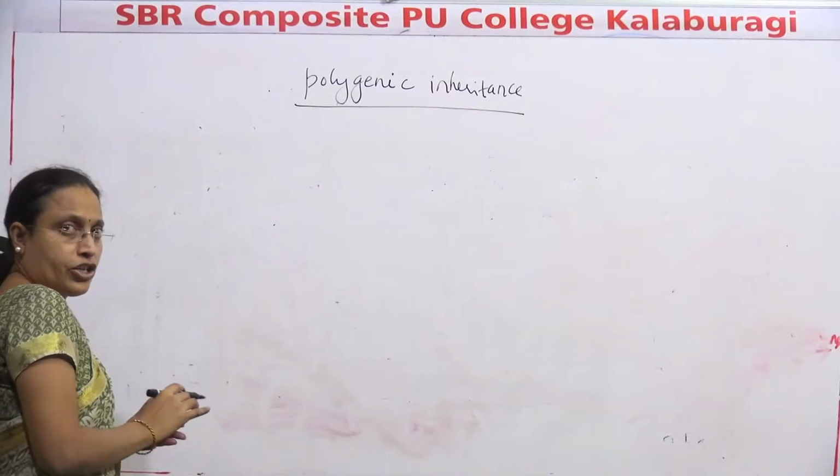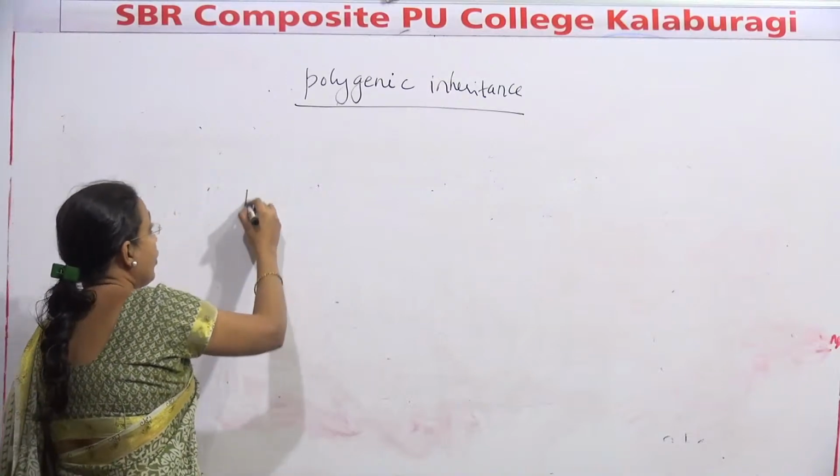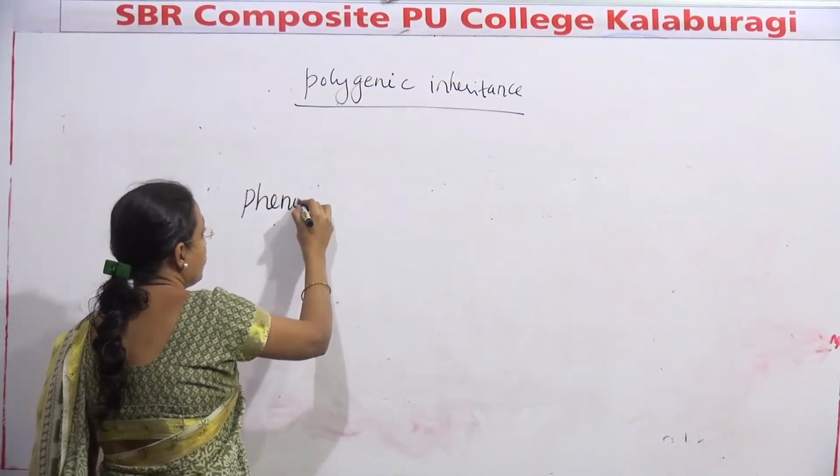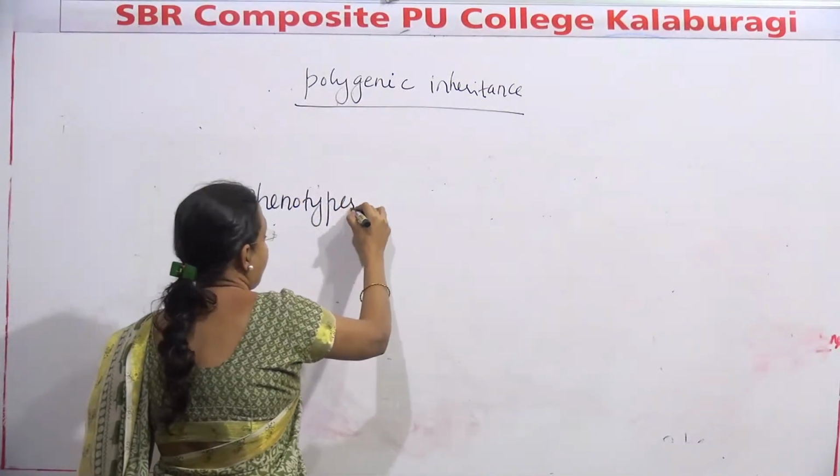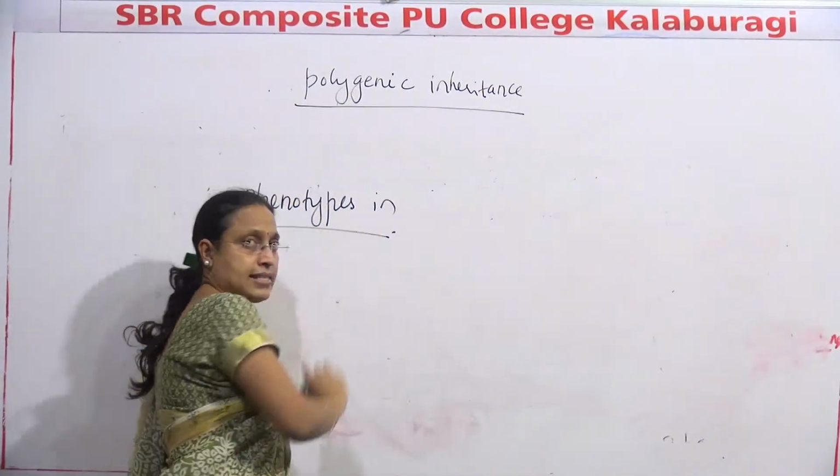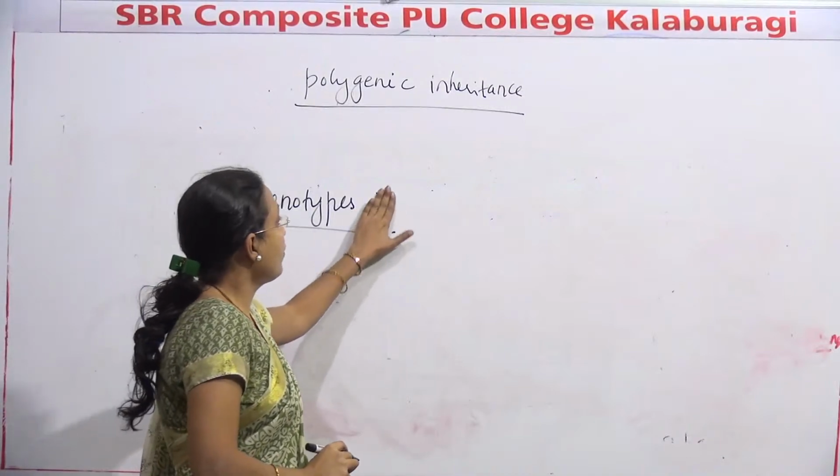So identification of phenotypes in polygenic inheritance. Okay. So what are the different phenotypes?